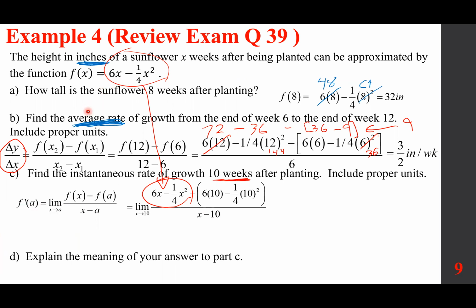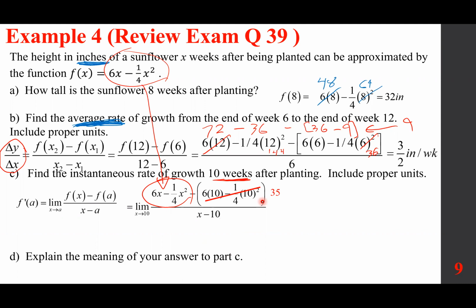If I plug in 10, I get 6 times 10 minus 1/4 of 10 squared. What happens is this is 60, this is 100, 1/4 of it is 25. So 60 minus 25 becomes 35. Okay, everybody, this becomes 35.